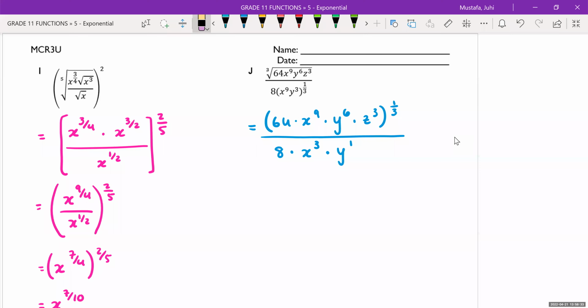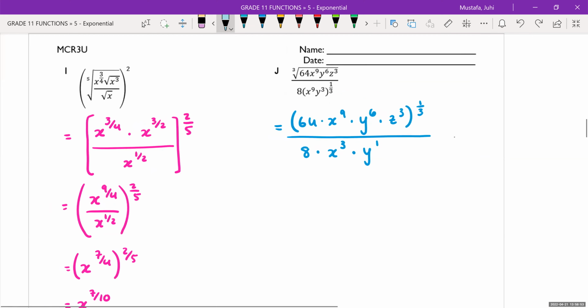All right, now what I'm going to do is take this 1 over 3 and apply it to every single one of these terms. And while I'm doing that, I'm also going to change the 64 to something. So we have a couple of options for 64. What do you think we should change the 64 to? 2 to the power of 6, 4 to the power of 3, or 8 squared? Yeah, 4 to the power of 3 would be the best option.